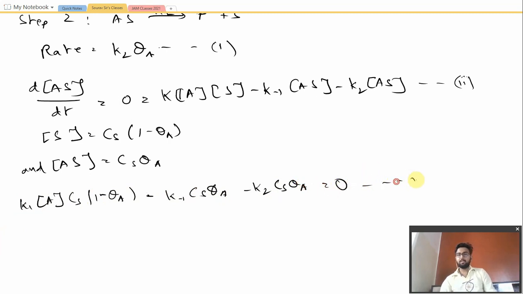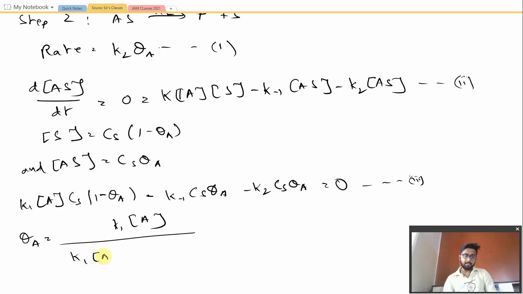This is quite a long equation. We named it equation 3. From here we calculate the value of theta A to be equal to K1A divided by K1A plus K minus 1 plus K2.